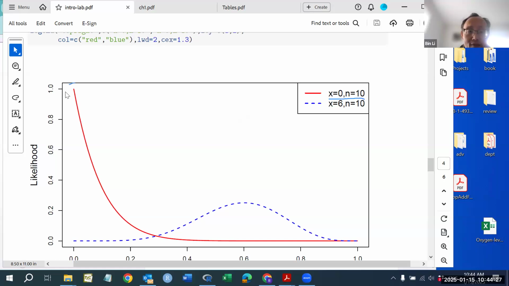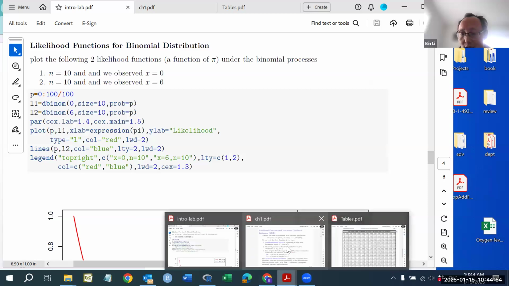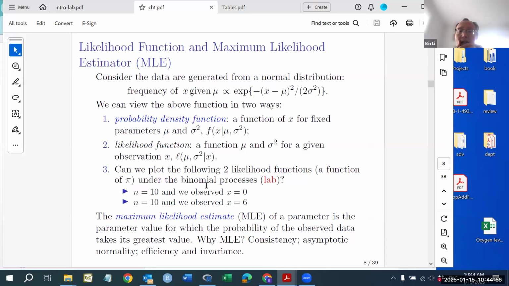You can see the maximum likelihood is at 0, and then it decreases. For 6 out of 10, the likelihood function is that, and the maximum likelihood estimate is at 0.6. So this is how we plot the likelihood function for the binomial in this case. You can take a look after class.